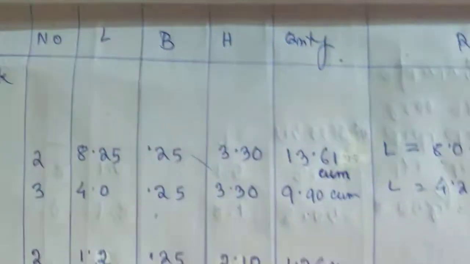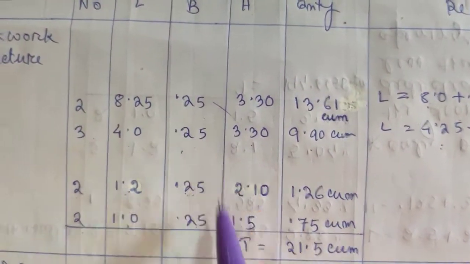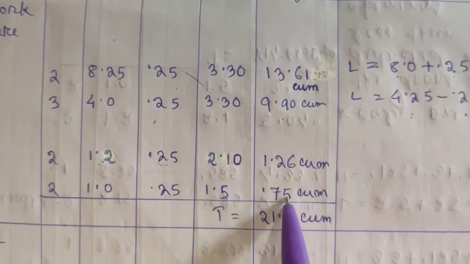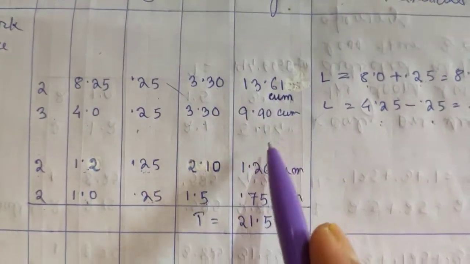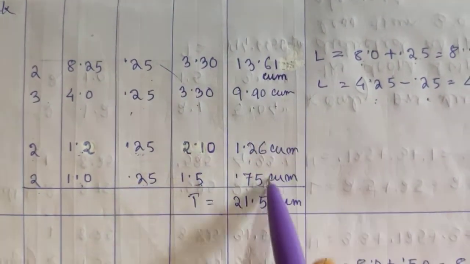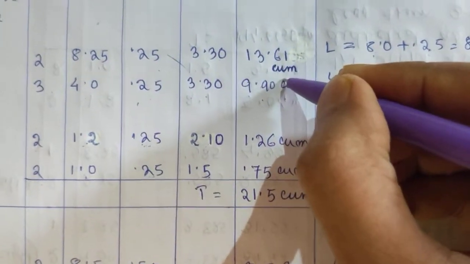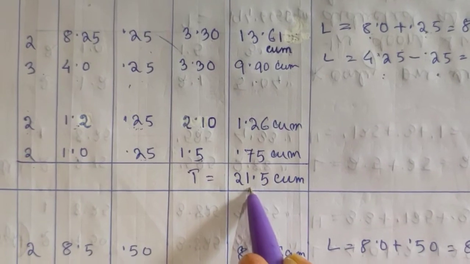Length is 1 meter, height is 1.5 meter, breadth will be same as the wall, 0.25. So number into length into breadth into height is equal to quantity. So we'll add these two, and from the total of these two, we'll reduce these two. So this plus this minus this is equal to the total quantity.